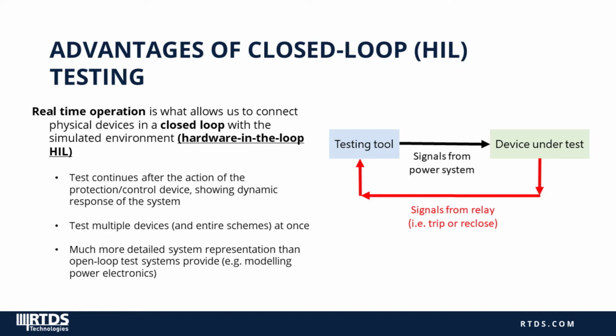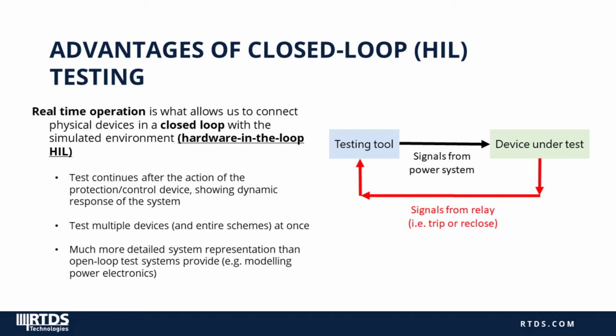And closing that loop means not only observing the response of a protection or control device to an imposed signal, but also interfacing the external device's response back into the simulated network. This type of testing, also called hardware-in-the-loop testing, is only possible if we're updating the inputs and outputs of our simulation continuously in real time.